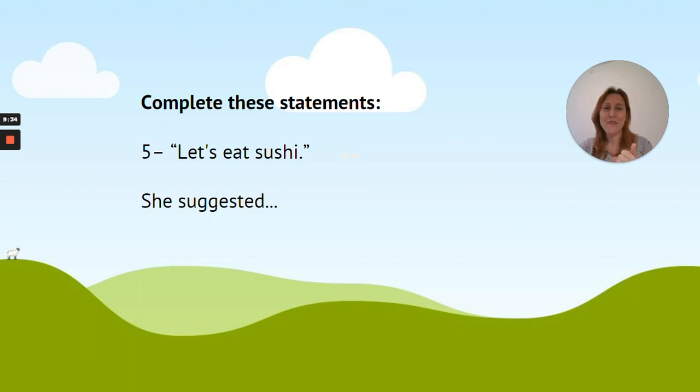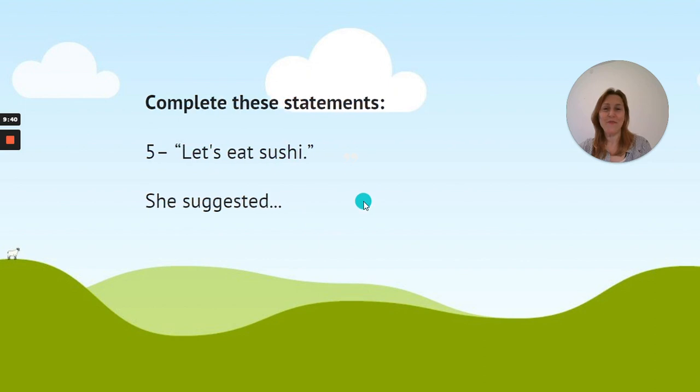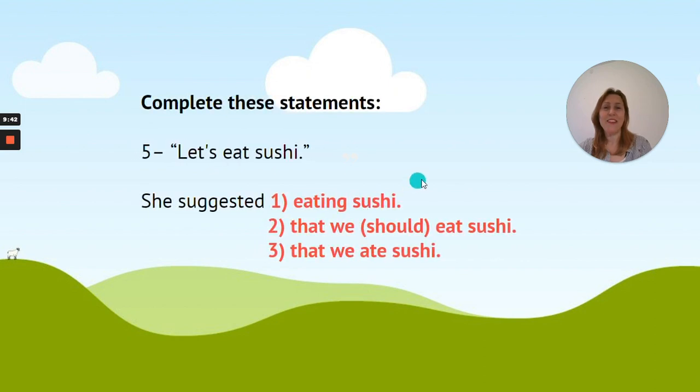Second option. Third option. So let's see. She suggested eating sushi, the ing form, that we eat sushi or that we should eat sushi, or that we ate sushi.